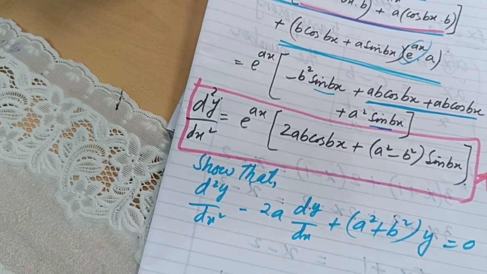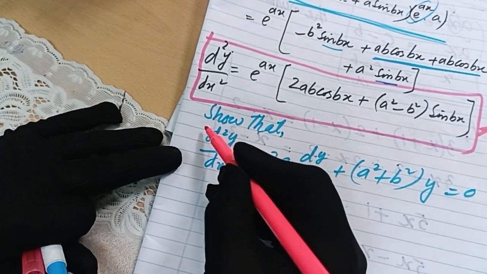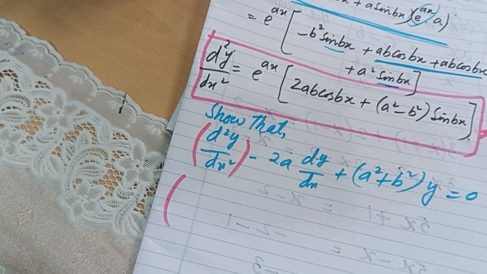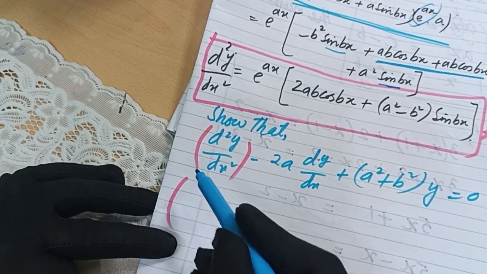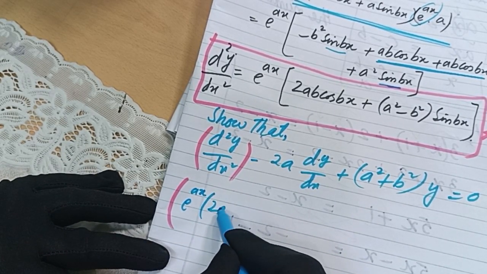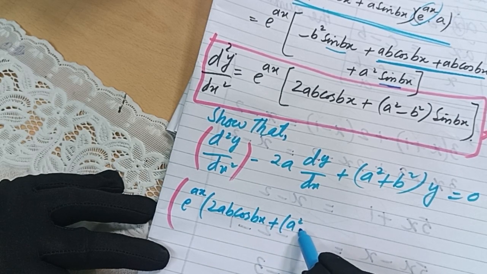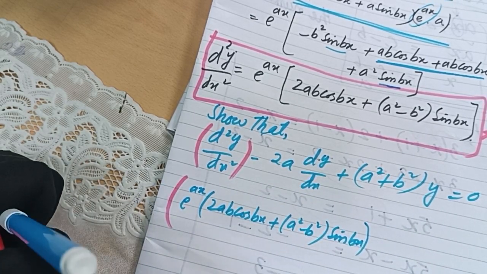We can put the respective values. Okay, so first is the value of this one. I will put it under the bracket of the pink color. What was the value of the second derivative? Complete this. e power ax into 2ab cos of bx plus a square minus b square into sine of bx. Complete, done.